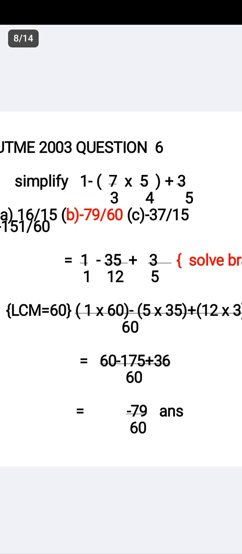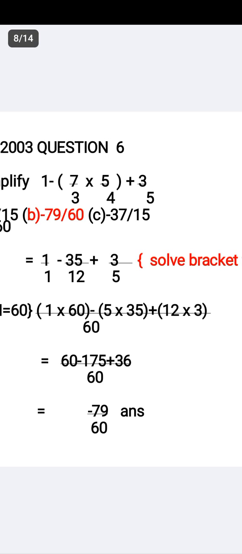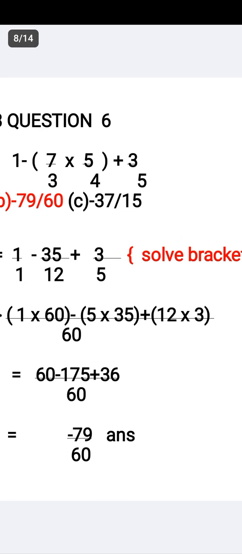And we carry out the same operation as we carried out previously. 60 divided by 1 is 60 times 1, that one is the numerator. Then 60 divided by 12 is 5, times 35. 35 is the numerator. Then plus 60 divided by 5 is 12, times 3. 3 is the numerator.